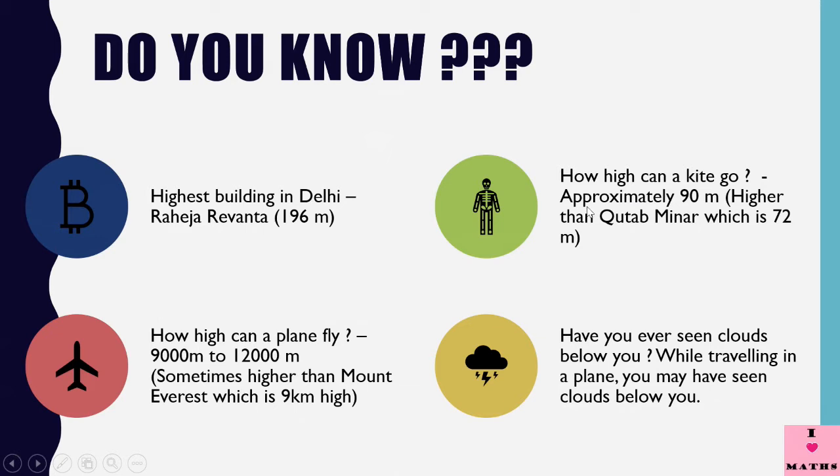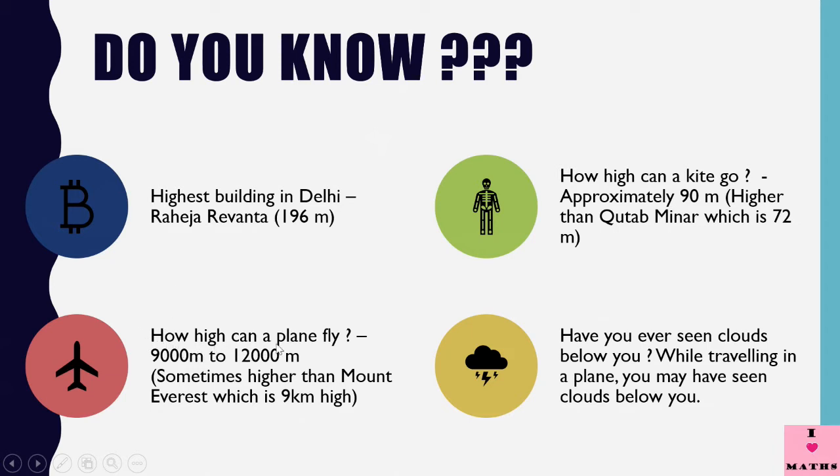Children, some people can fly a kite very high. They are experts in flying kites, and they can fly up to a height of 90 meters, which is even higher than Qutub Minar, which is 72 meters. Oh, great.